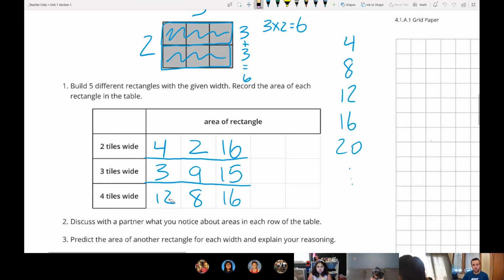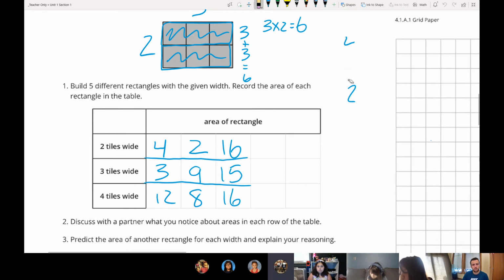What do you notice about the area of these rectangles that are 4 tiles wide? Camila, go for it. That it's kind of like skip counting. Yeah, these areas are on the numbers that we skip count with fours. You see that? 12 is over there, 8 is over there, 16 is over there.